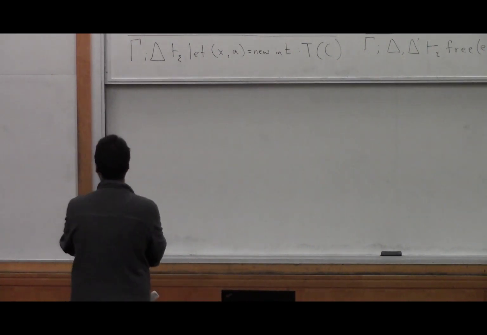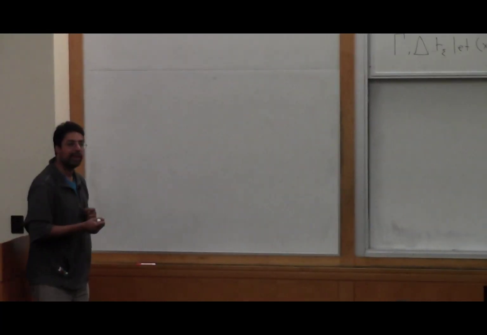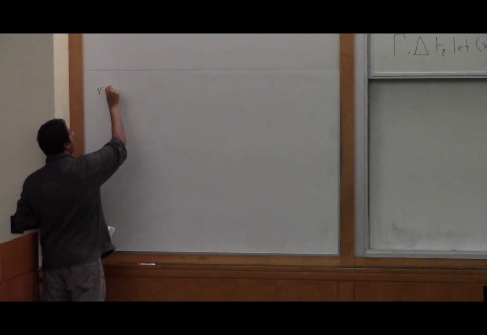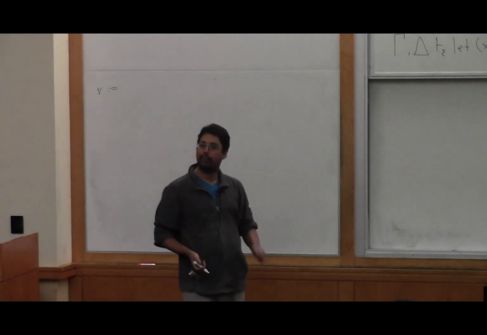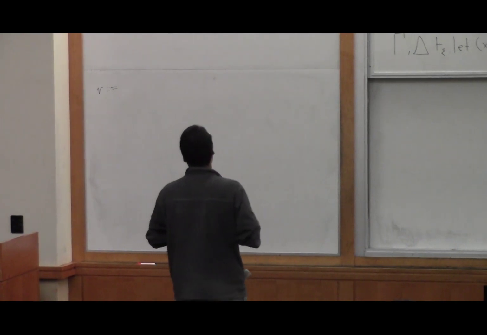So what we'll do is let's say what values are, and then we'll carry on. Since we're going to be talking about an operational semantics, we need to pick an evaluation order. So let's pick call by value.